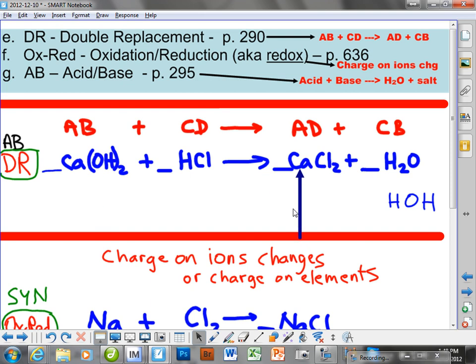Now, here we have a salt and water. If you'll look back at your notes from earlier, you see that you have a salt plus water being made as the products of an acid-base reaction. You always get salt and water. Not always sodium chloride salt, but you always get salt and water.